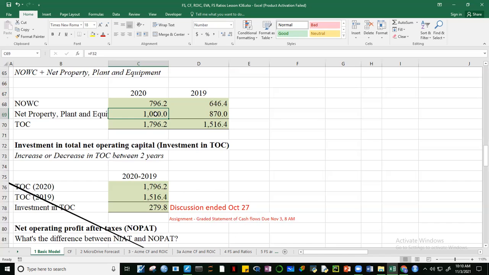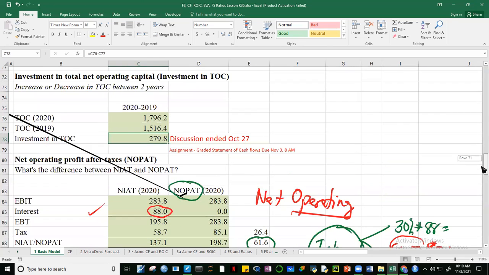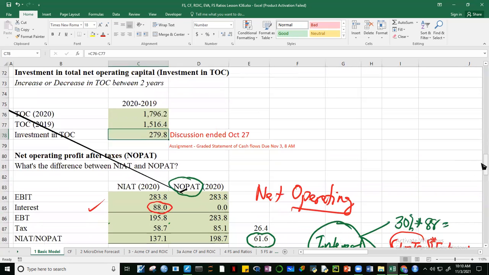Not only is the company investing heavily on their operating current assets, which includes receivables, that means that they're generating more sales, no? And also their property, plant, and equipment. See, from 870 it increased to 1,000. That's why, guys, we said that TOC increased by 279.8, which is a good indicator. The company is supporting its future operations.